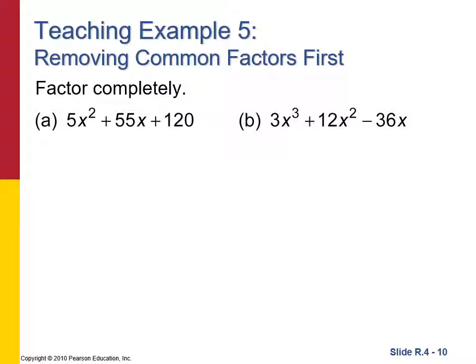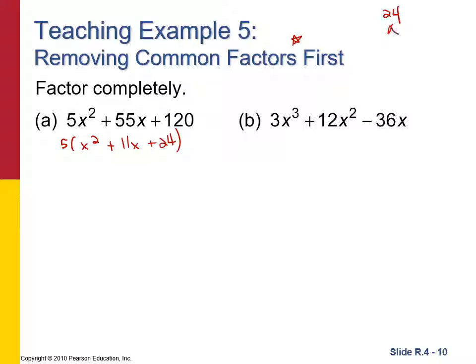Okay, so now we're going to factor completely. First, we want to remove common factors. This is, again, another technique. So let's get rid of this 5. And this makes it x squared plus 11x plus 24. All right? And so why don't we look at factors of 24?